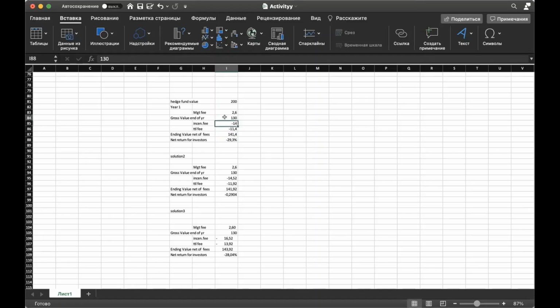Yes. Why is it wrong, Elnur? It should be 216, not 130, because I think Jean multiplied the previous result, which was 100 million, not this 200 million. 130 comes from the previous example, but now the hedge fund value is 200 and increased by 30%, so 200 should be increased by 30%.